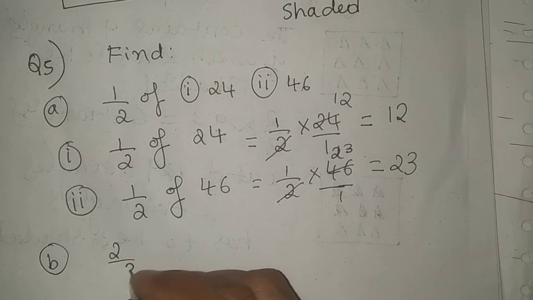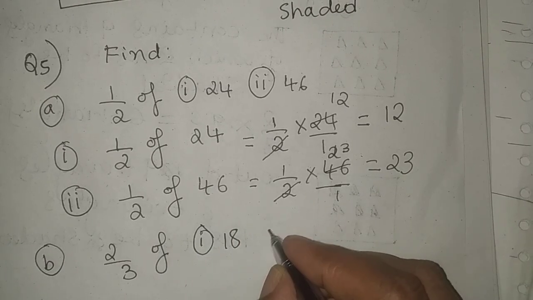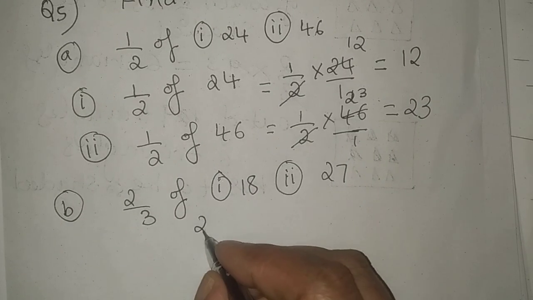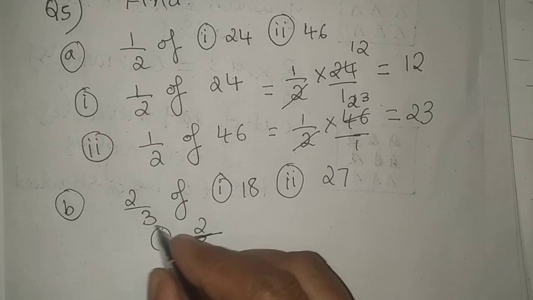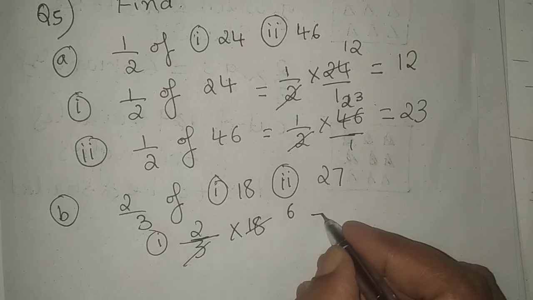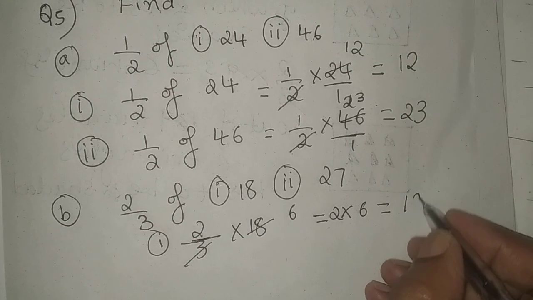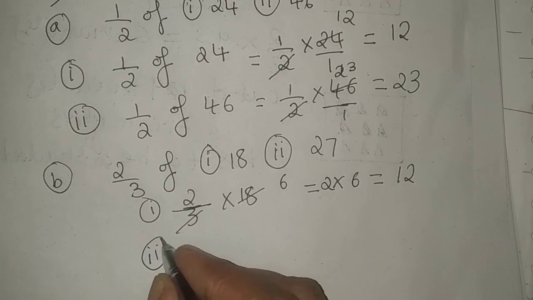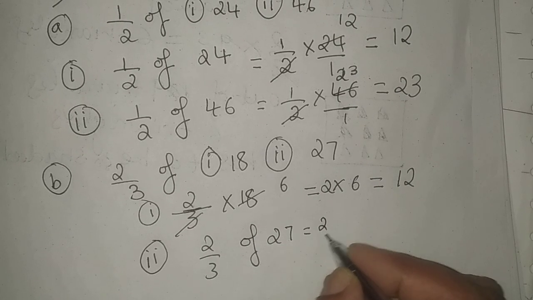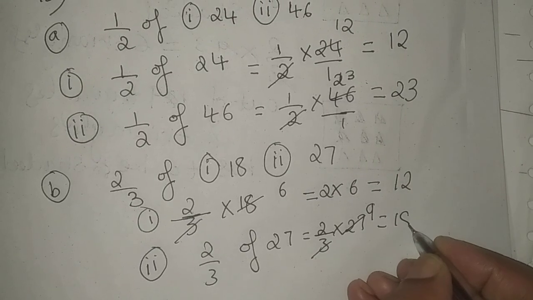B is 2 by 3 of, first is 18 and the second one is 27. Therefore 2 by 3 of first one into 18, 3 ones are 3, 3 sixes are 18, is equal to 2 into 6 is equal to 12. Again second one is 2 by 3 of 27 is 2 by 3 into 27, 3 ones are 3, 3 nines are 27, answer is 18.